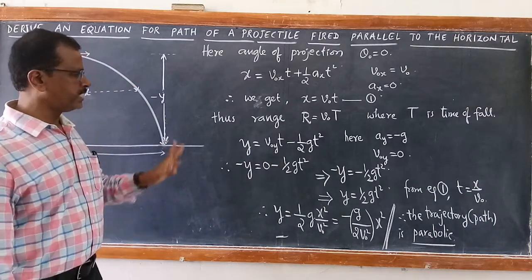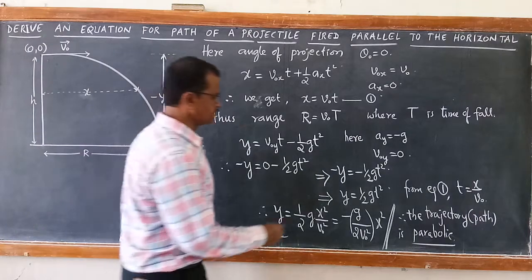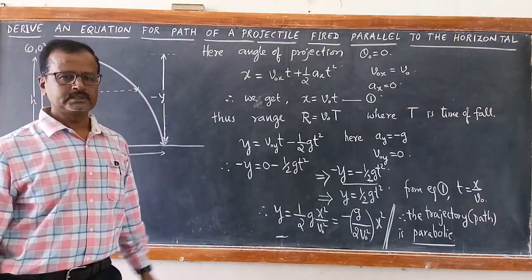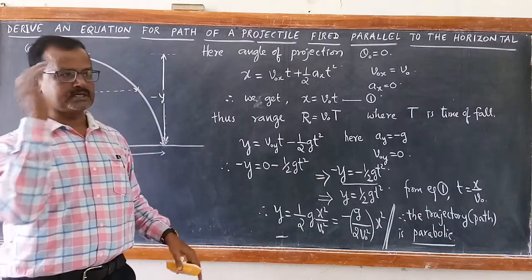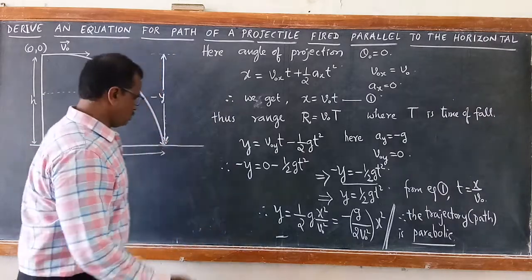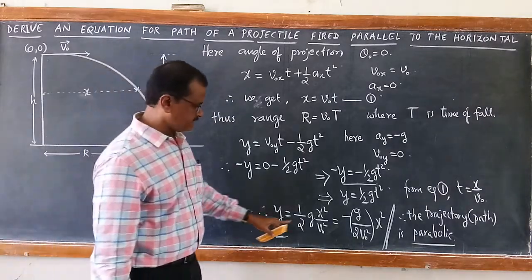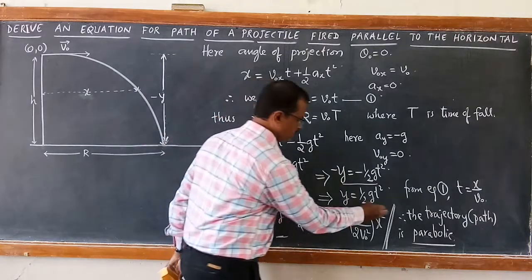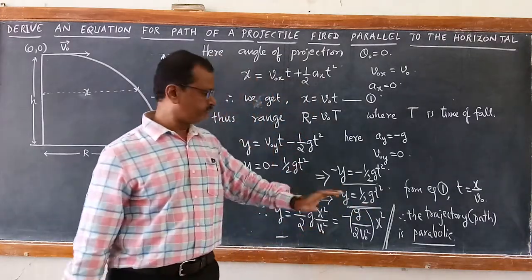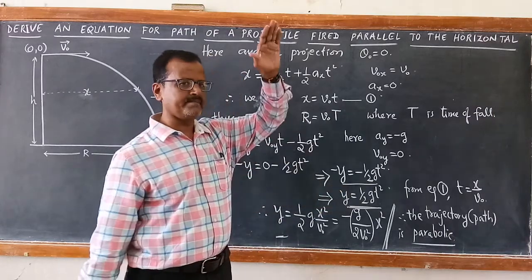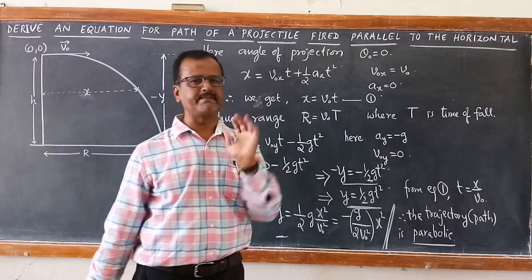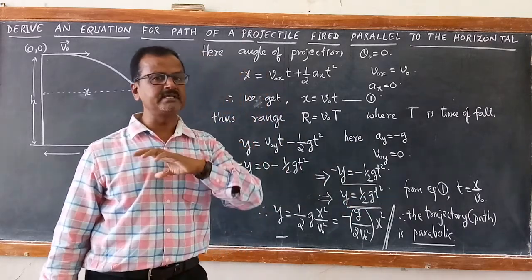Now one interesting thing that we need to note down is that the depth covered from a certain height is half g t square. Let us take y is equal to half g t square. If any object is thrown from the same height, then it will reach the ground by taking the same time, irrespective of its initial velocity.